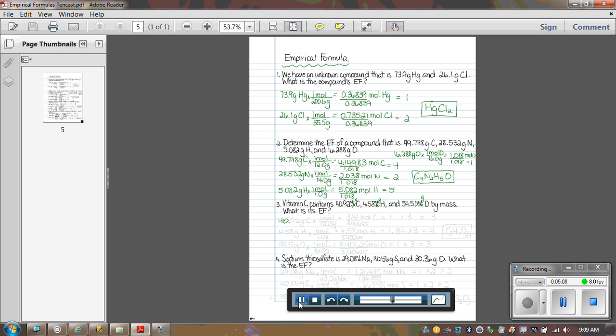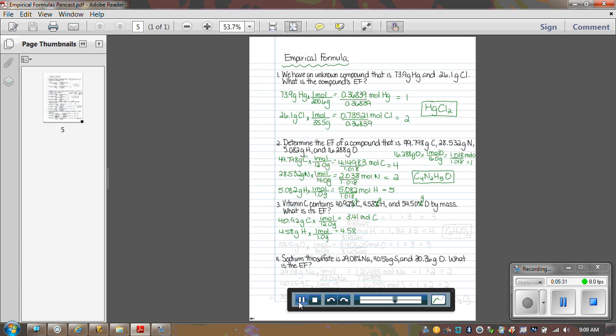So we're going to do 40.92 grams of carbon, converting that into moles. I get 3.41 moles of carbon, and then we have 4.58 grams of hydrogen. Every 1 mole, it's 1.0 grams.